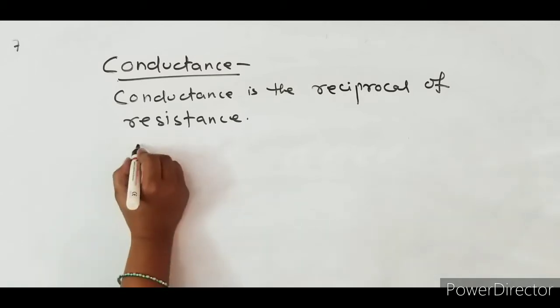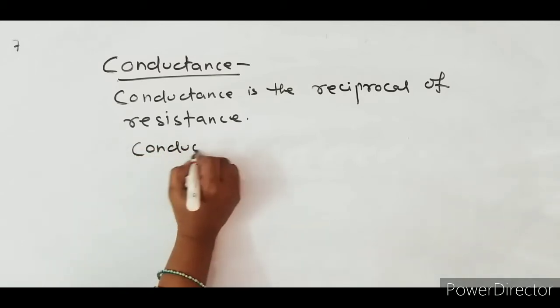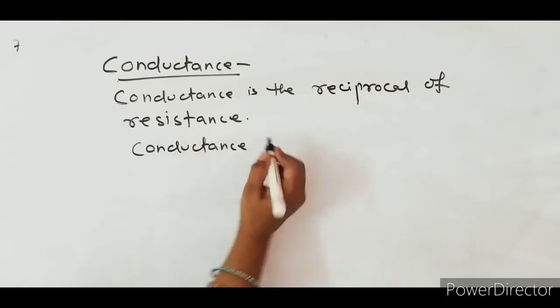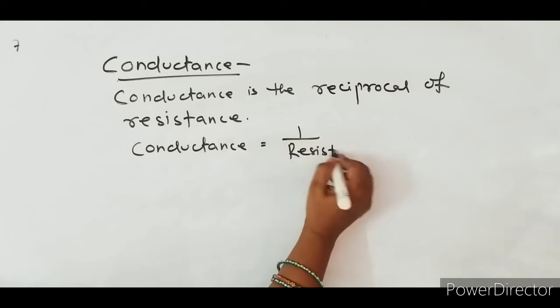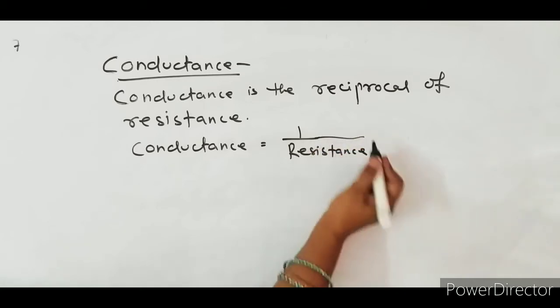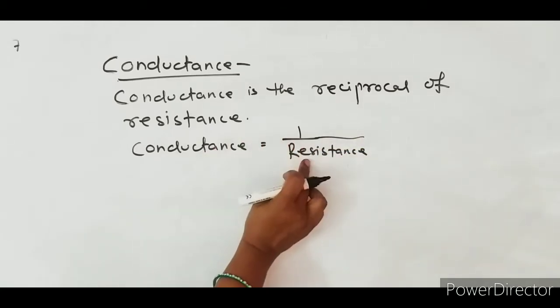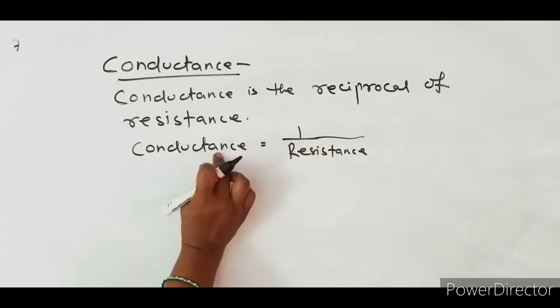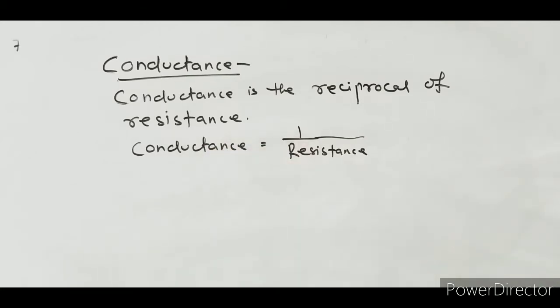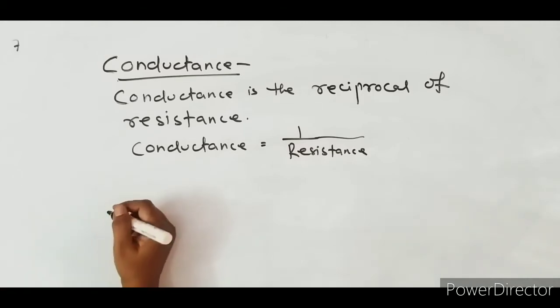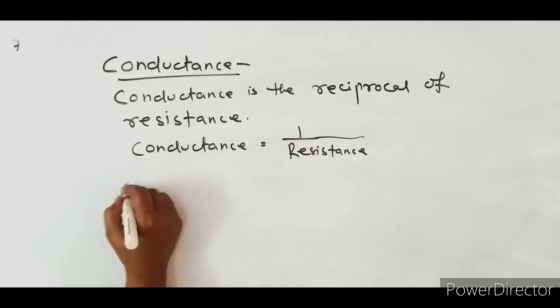Okay, so here we can write conductance is equal to 1 by resistance. So it implies the more the conductance, the less the resistance; the less the conductance, the more the resistance.